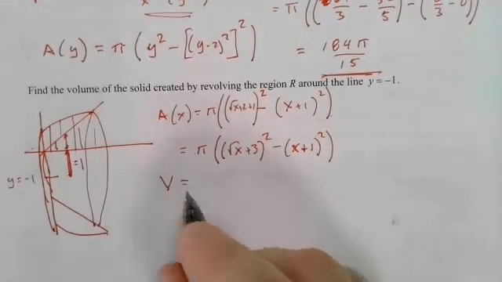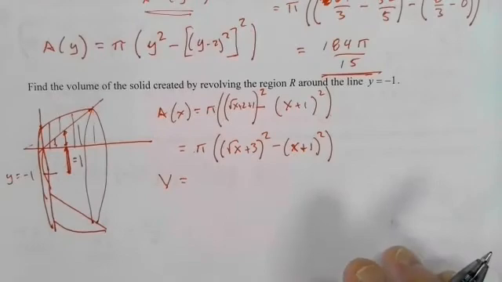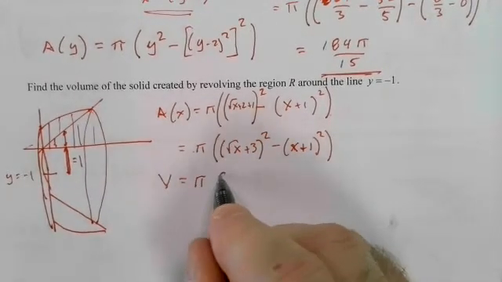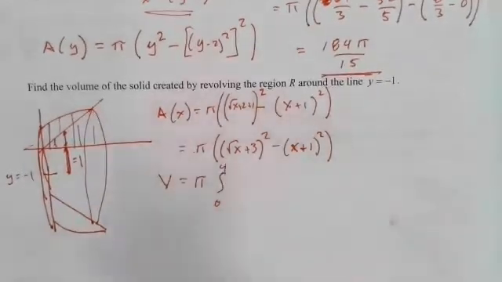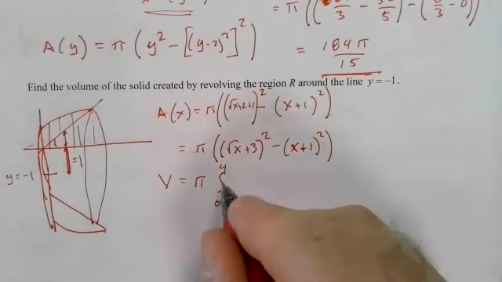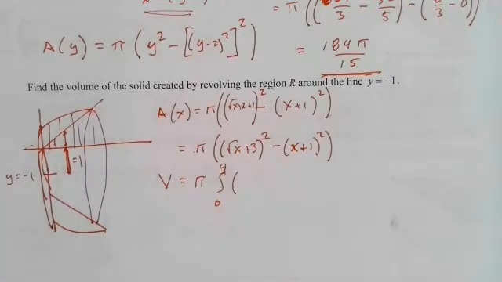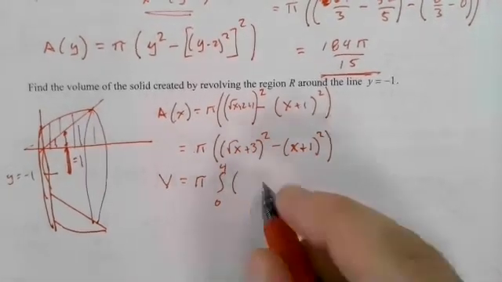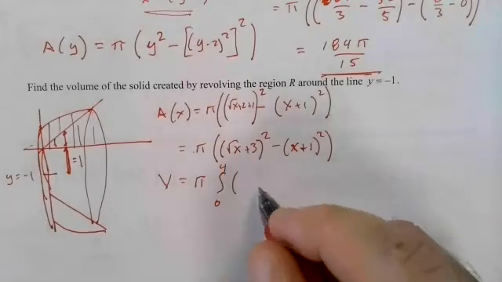Volume equals pi. We're in the x world again, 0 to 4. Oh, this gets ugly. I FOIL everything out. And then I combine it, this one and this one.